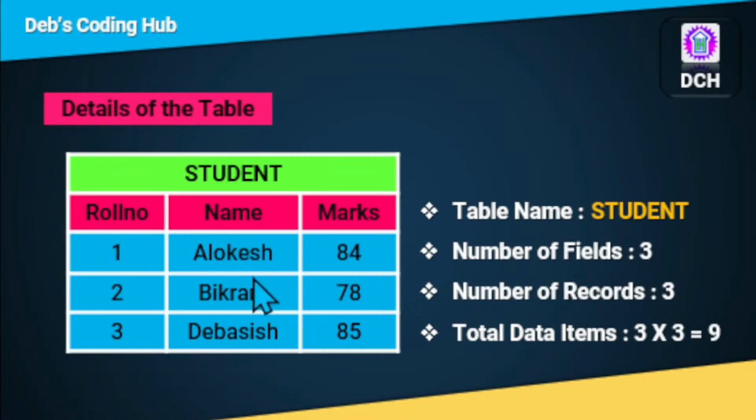So we have 3 rows and 3 columns. So 3 into 3, it will be 9. So remember, the column headings or the field names are not considered as data, because they are the parameters according to which data will be stored for a student. They are not actually the data. They are parameters for data. They are the headings under which data will be stored.